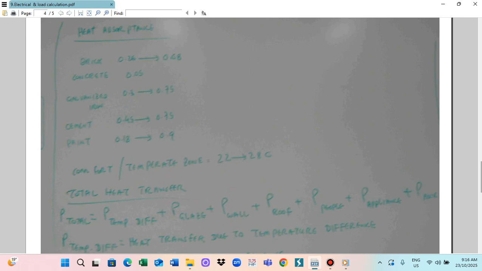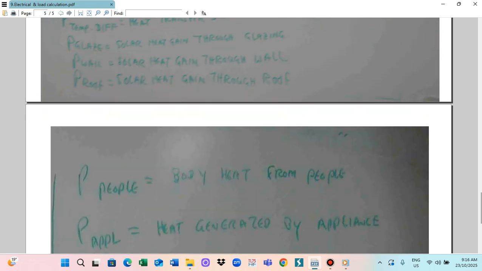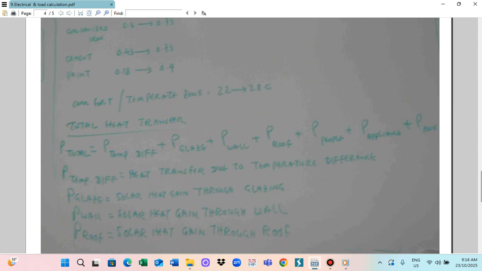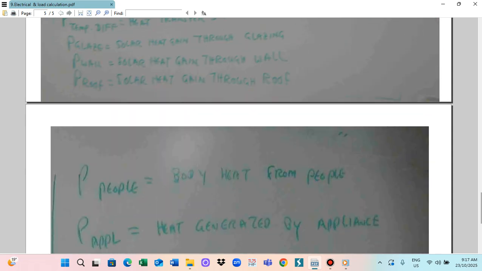The heat you calculate uses specific heat: the volume multiplied by the mass multiplied by the specific heat multiplied by the temperature difference, then you can calculate the heat. So those are given for the heat absorbance. And for the comfort temperature, it ranges from 22 degrees centigrade to 28 degrees centigrade.